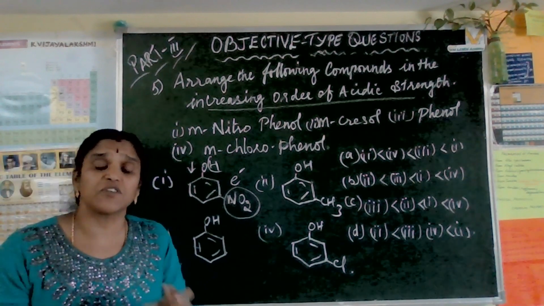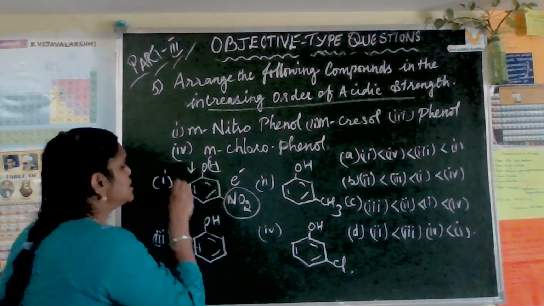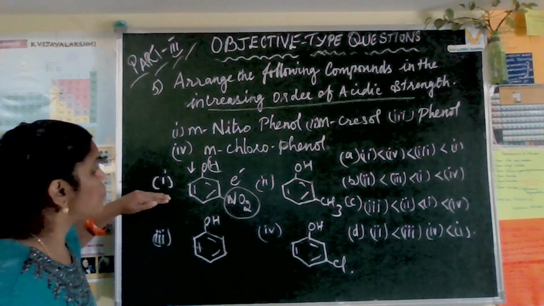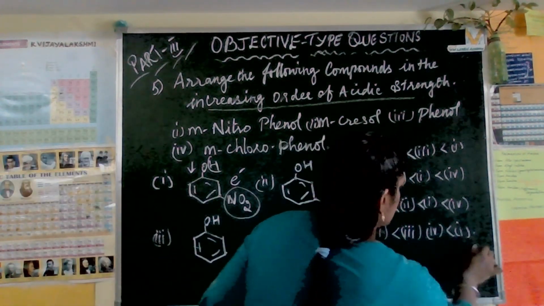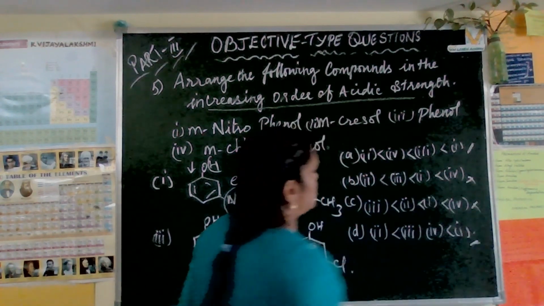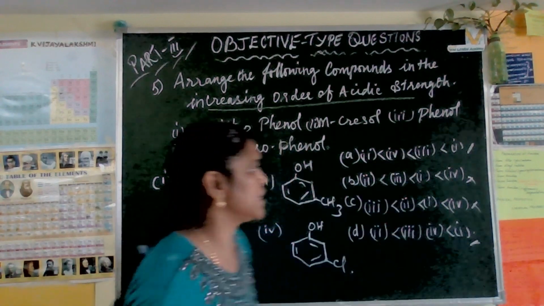So the acidic strength will be stabilized due to that nitro group. So naturally this will be more acidic. Now as we know this is more acidic, in this we cannot go for it, so let us go for option A and option D.